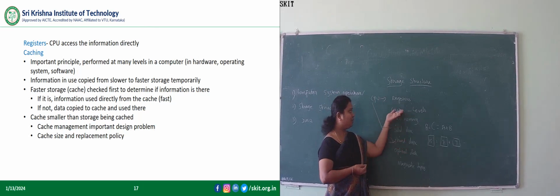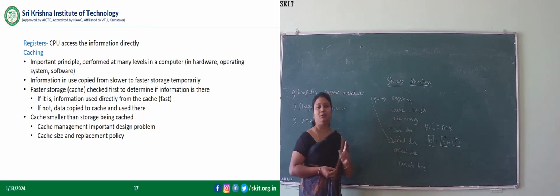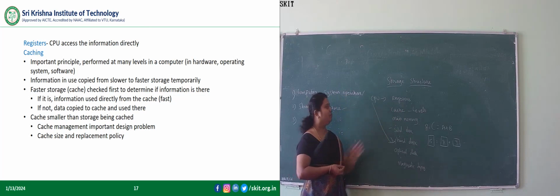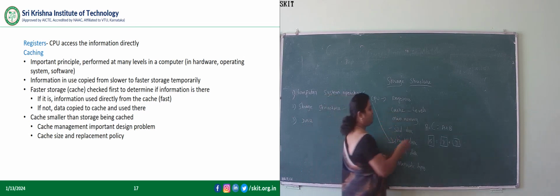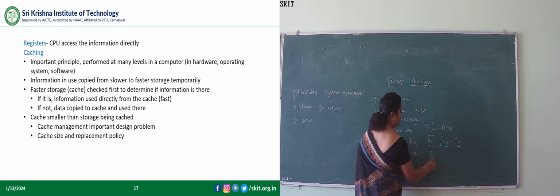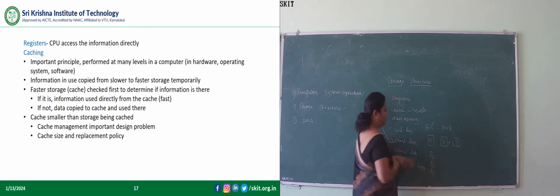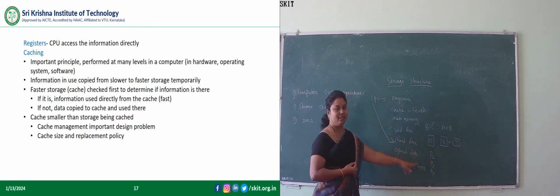So the data will be brought to cache level 1, level 2, level 3, like that. It depends upon the system requirements. Many cache levels will be there. Whenever we need data to perform the next operation, for example, P1 is performing some operation and P2, P3 and P4 are waiting next to perform their tasks.